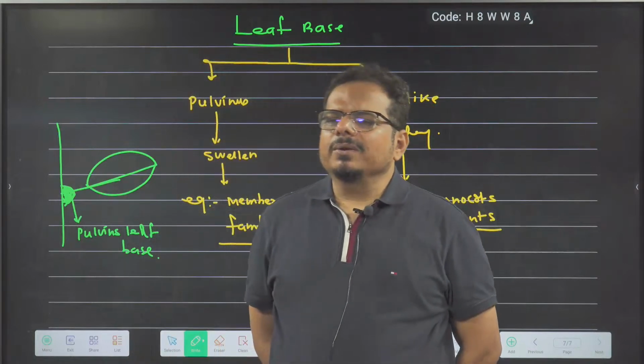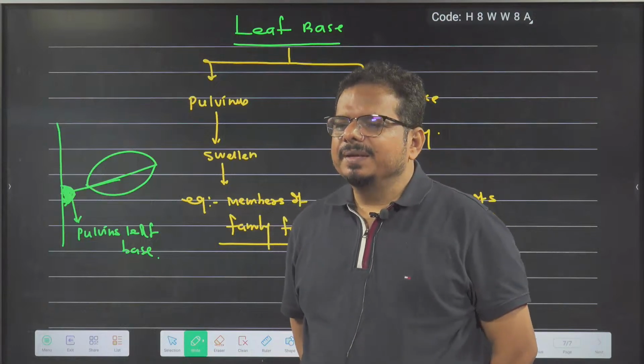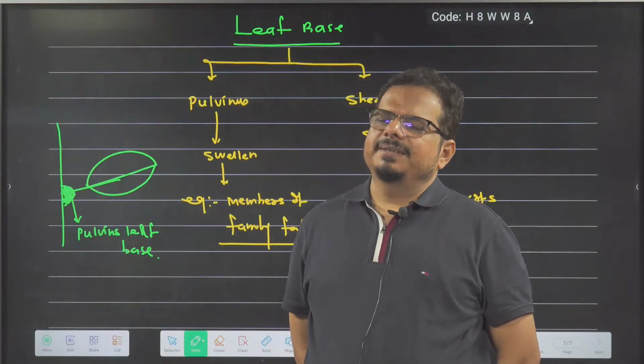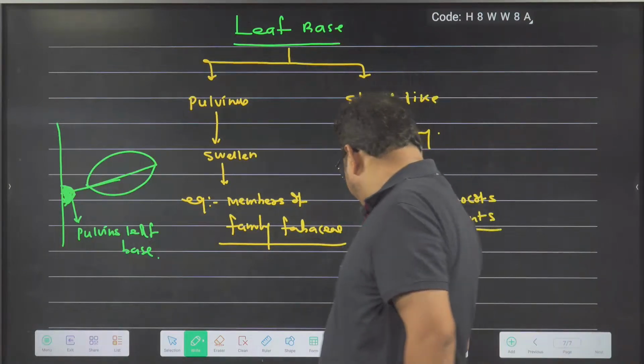Now I am going to tell you about sheathing leaf base. Here students get confused, so that is the reason I am taking the help of a 3D model to explain it. In sheathing leaf base, what happens? I'm writing first.